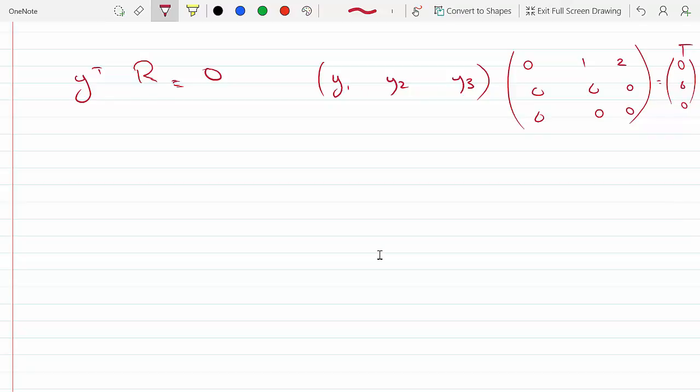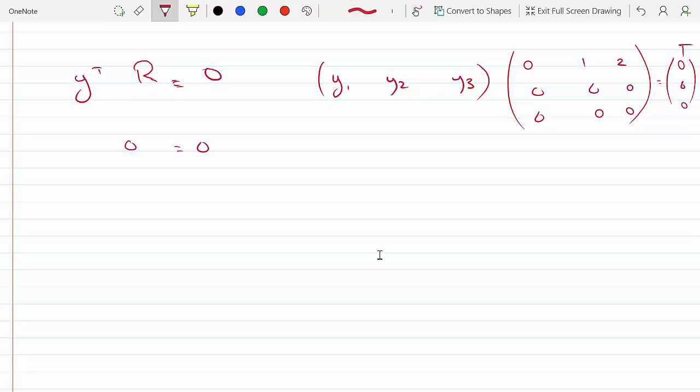Okay, and so if I do the equations here, the first equation, 0 y1 plus 0 y2 plus 0 y3, this is row times column, so 0 equals 0.